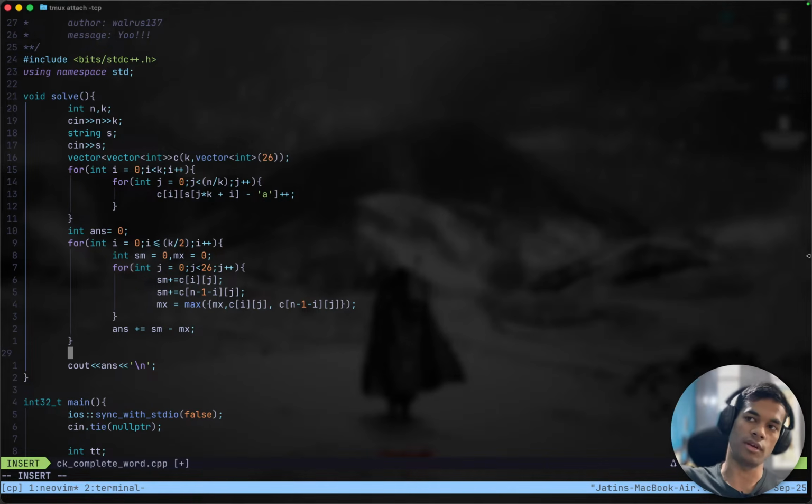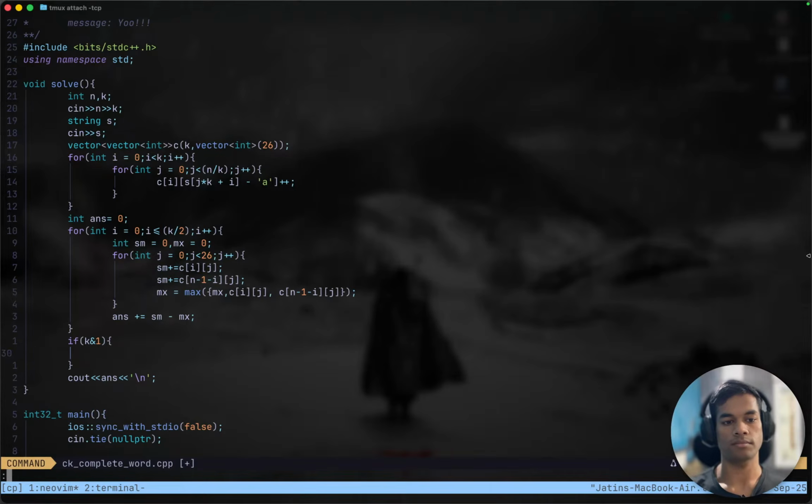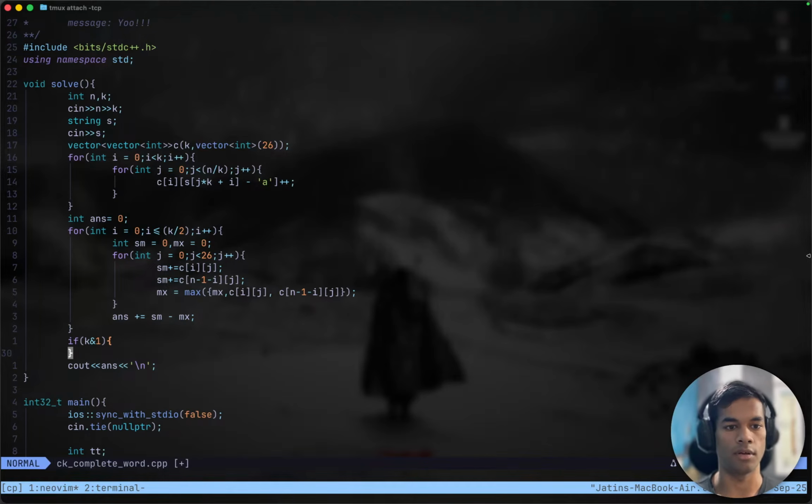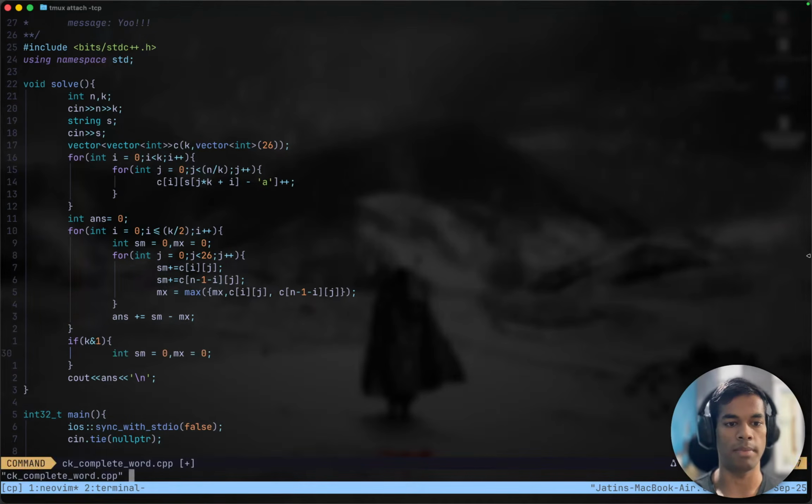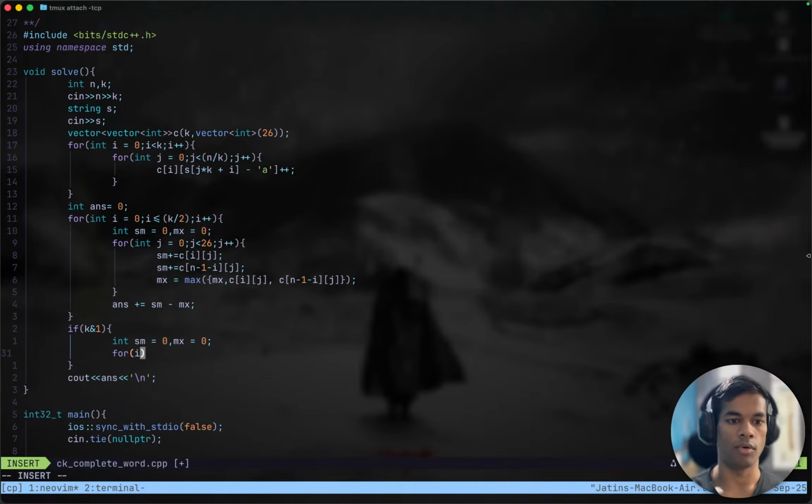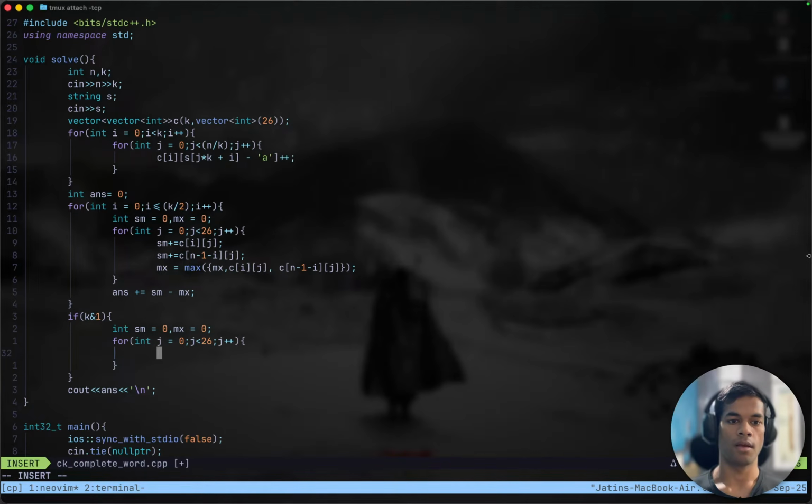We would like to change it in every period. So if K is odd, only then do we do int sm, the same thing that we did above. Copy this, paste, of course. Then for int j equals 0, j less than 26, j plus plus sm plus equals c bracket k by 2 plus 1.